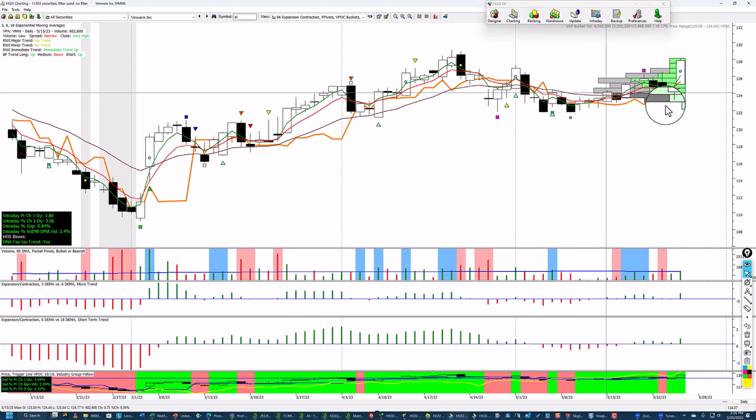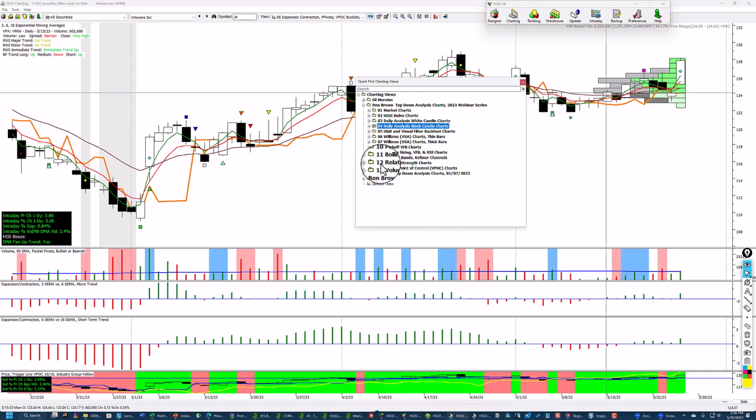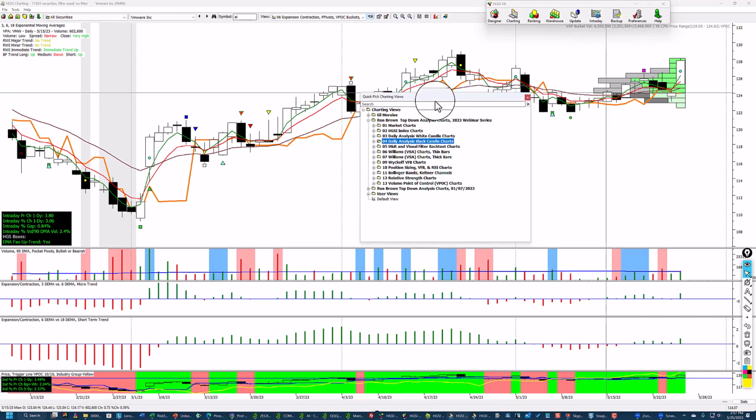All that volume is positive volume assigned to these buckets. So I'm putting the buckets in the new files and volume under volume point of control. There's a bunch of other buckets in here. I'll maybe go over those someday, but this is the clearest way to show it, I believe.